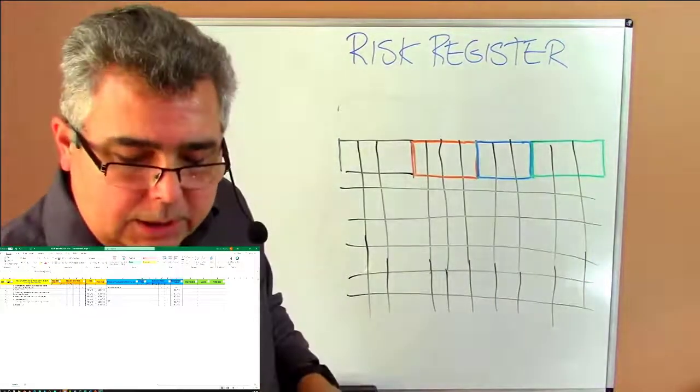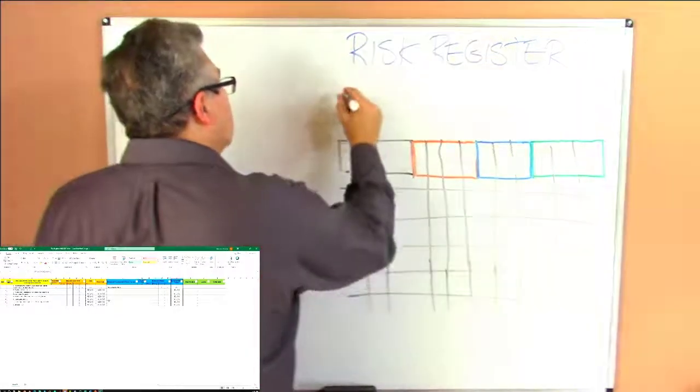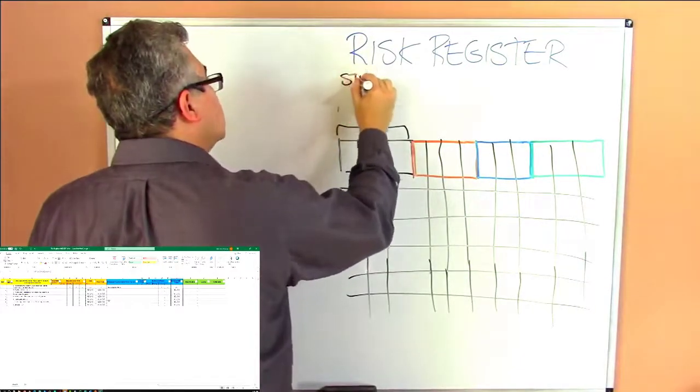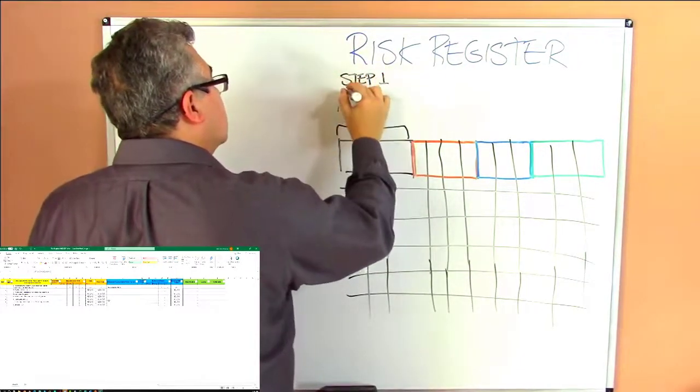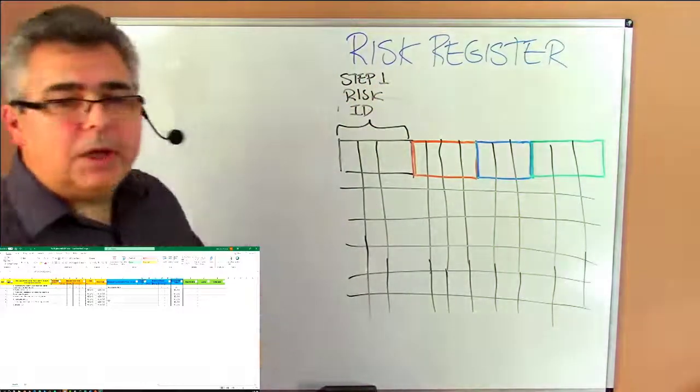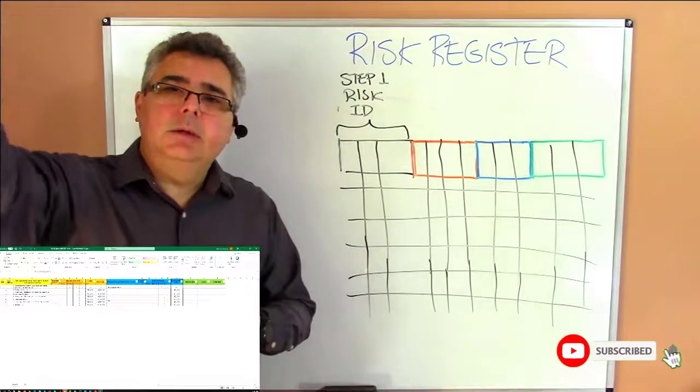The yellow part is what we call step 1, that is risk ID or identification. That's the step that we learned last class.